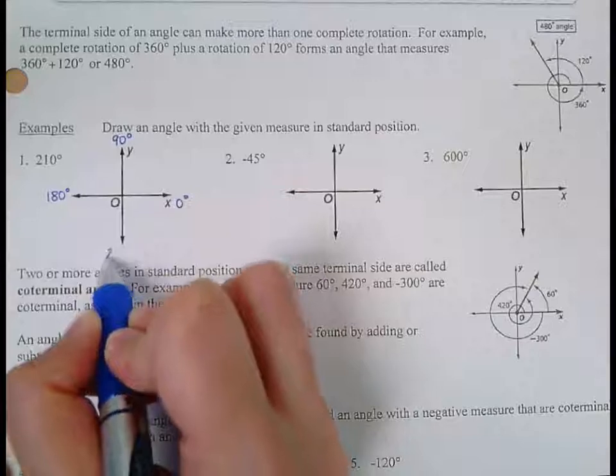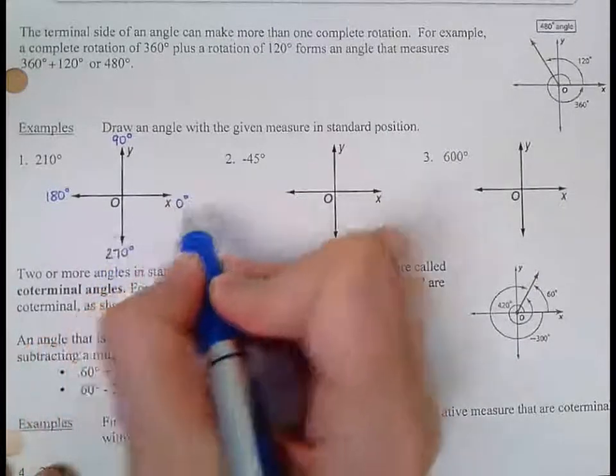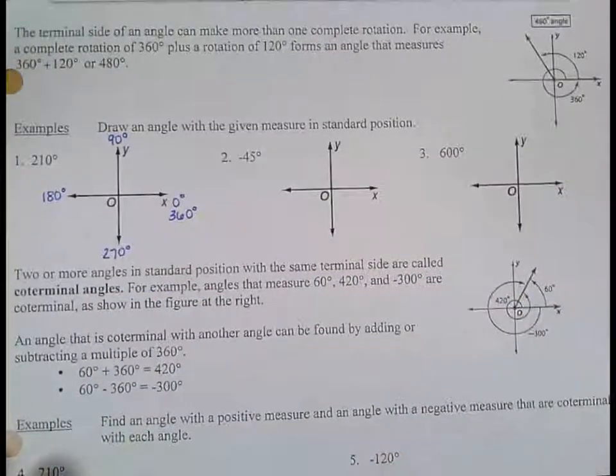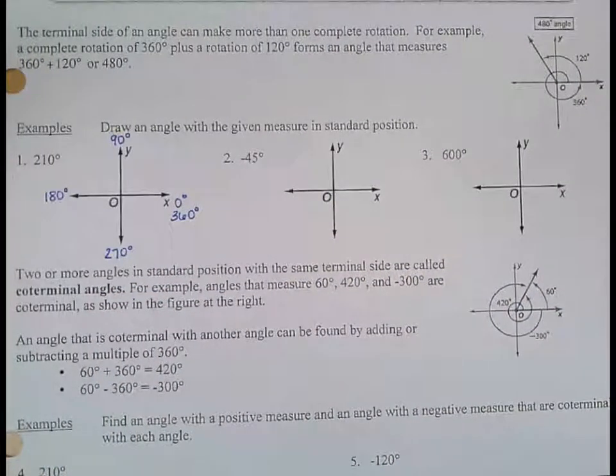An additional quarter, you're at 270. And then all the way around, you're at 360. So you're estimating a little bit of the placement of your terminal side of your angle if it's in between any of those measures. So the first example wants us to draw an angle that is 210 degrees.